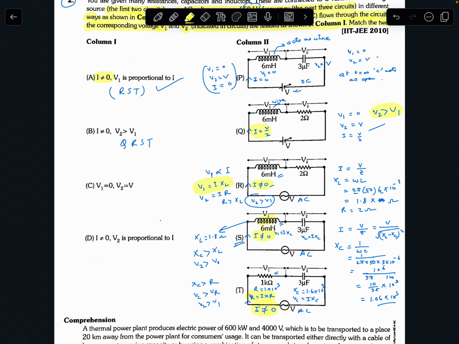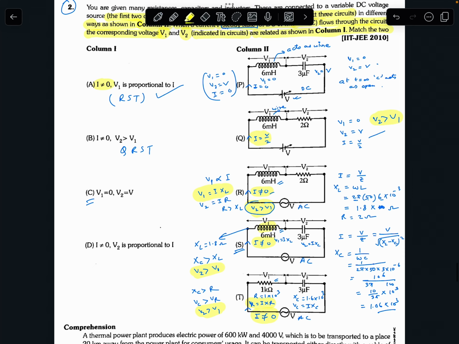Here also V2 is greater than V1. For S also V2 greater than V1. So QRST, correct. For C, V1 is 0, V2 equal to V. I think the answer is P.